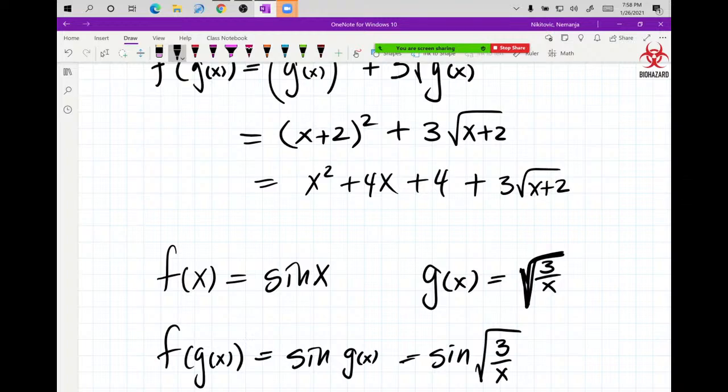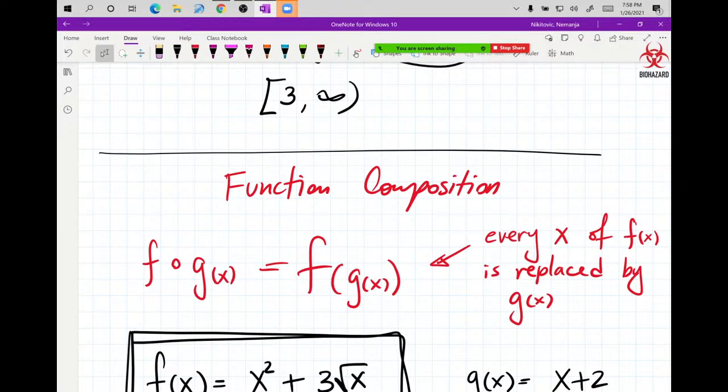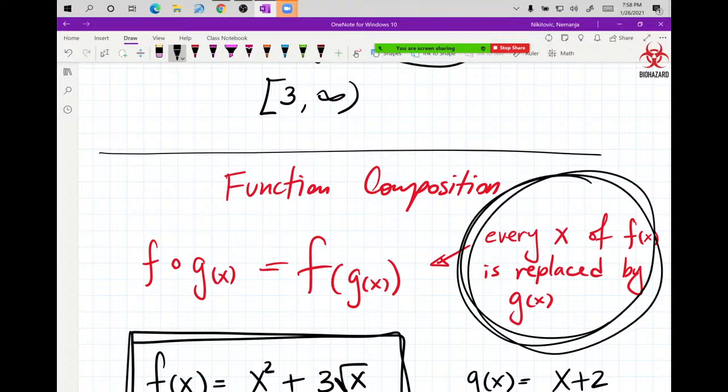And it's not because you are amazing with trig. It's because you are learning the concept that pertains to every function in existence. You don't need to know what those functions are, what they represent, how they look on a graph, what their domains are. You need to know nothing about those functions. Every x of f gets replaced by g.